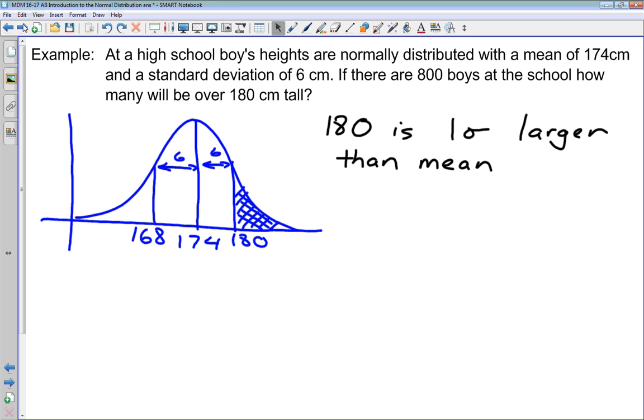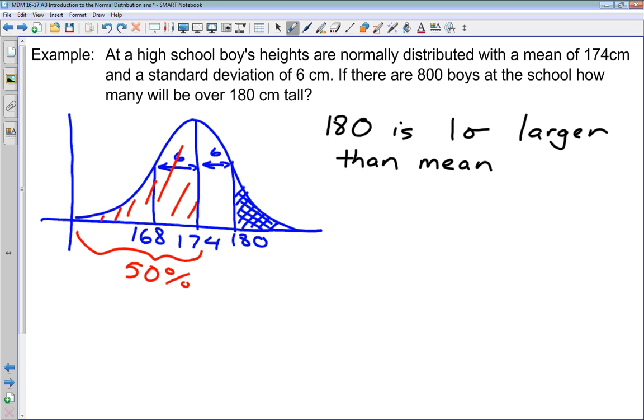Now, if we think back to what we were talking about on the last slide, we know that the mean is the same as the median. It basically divides this whole thing in half. So from here all the way up to our mean, we have 50% of our data, okay, because this is symmetric, right? And then, so 50% up to here.